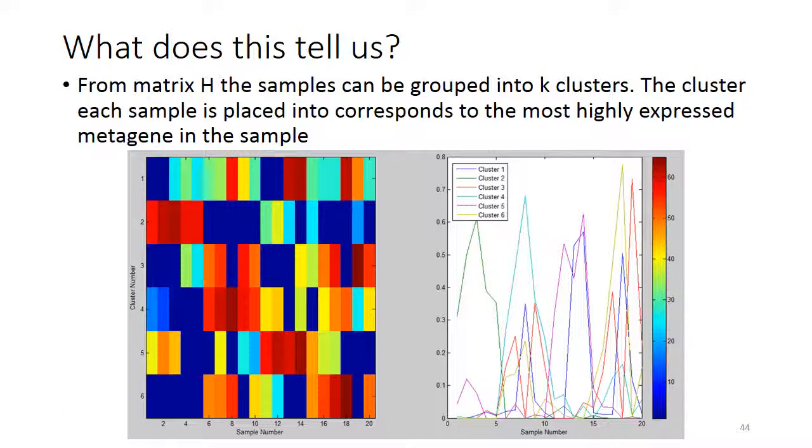So here we can see that we have a peak for cluster 4, this blue cluster, at sample 7. If we go over here to sample 7, and we go up to cluster 4, we see it has a very high heat map value. And so this can just tell us which samples are expressed more heavily in certain patterns.